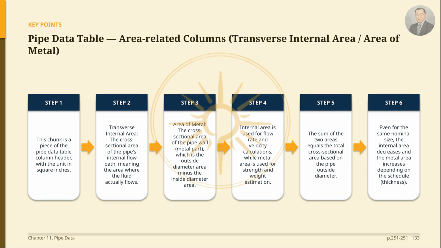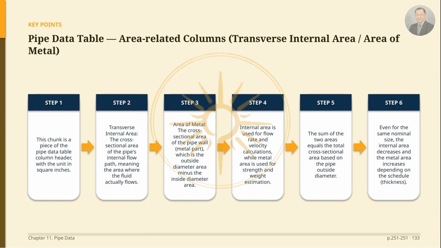First, the transverse internal area refers to the area of the cross-section where the fluid actually flows inside the pipe. This value is a key figure when calculating flow rate and velocity. Second, the area of metal is the cross-sectional area occupied by the pipe wall, calculated by subtracting the internal cross-sectional area from the total cross-sectional area based on the outside diameter.